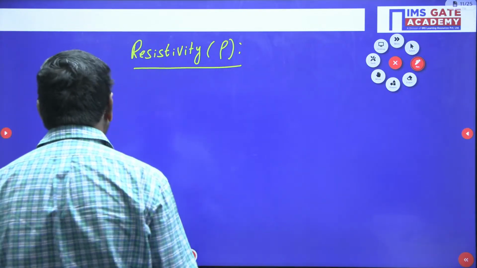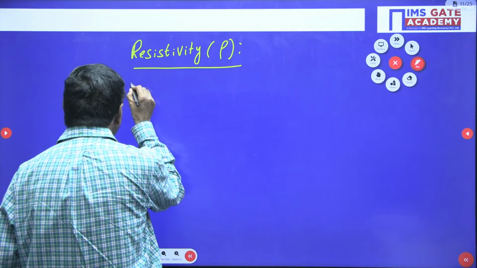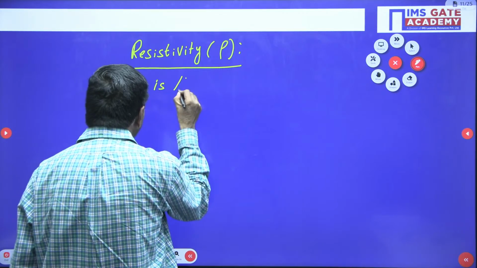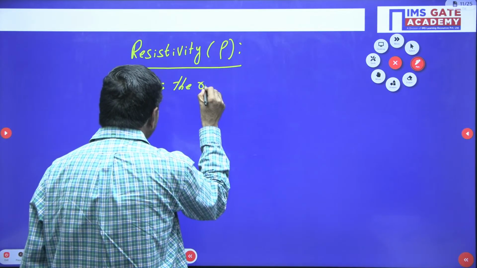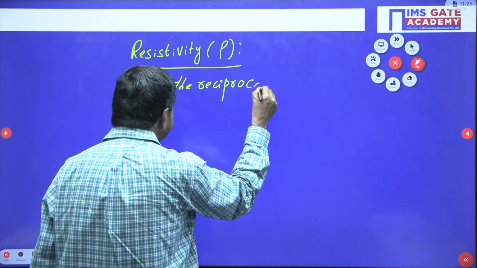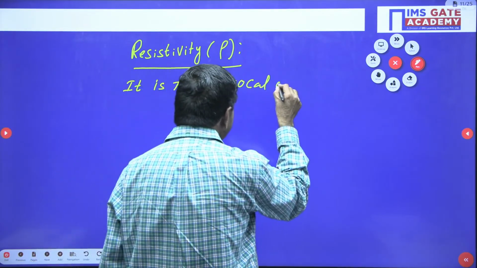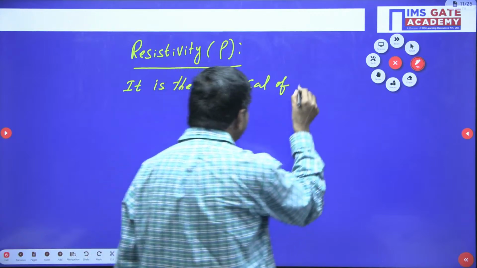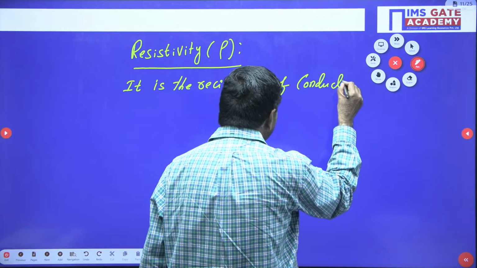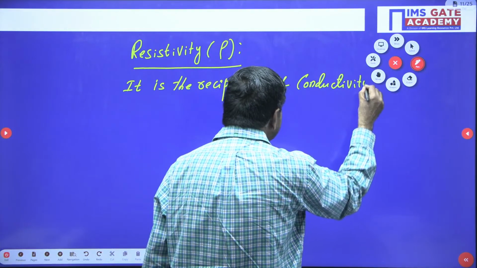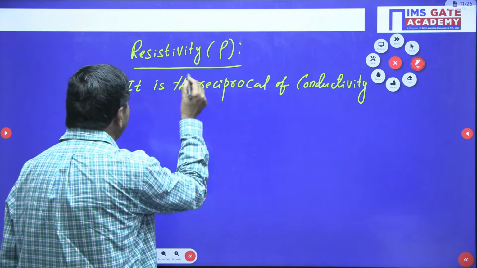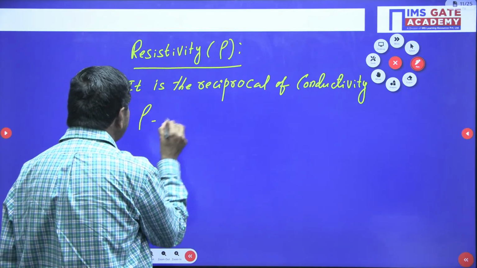Resistivity. You can write it is the reciprocal of conductivity. Finally we can write resistivity rho is nothing but 1 by sigma.